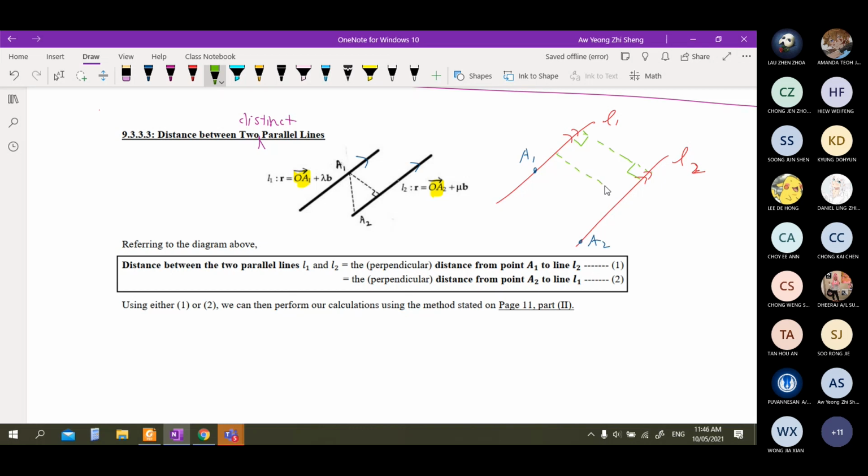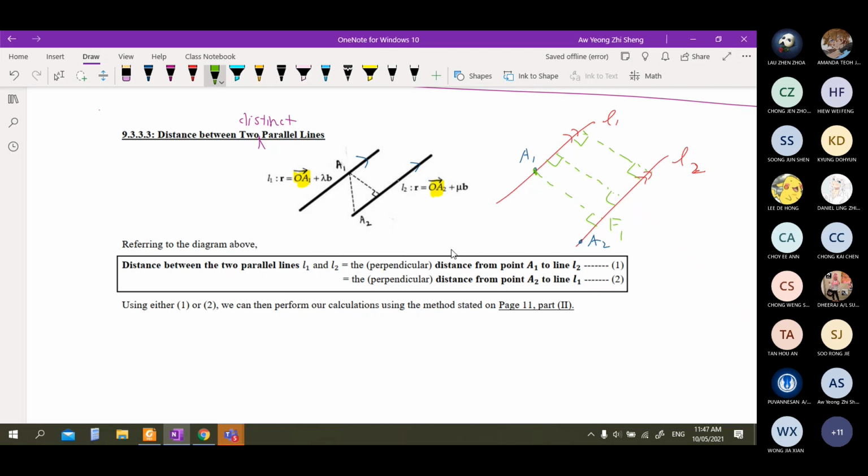And this distance is consistent, no matter which pair of points you choose along the two lines L1 and L2, as long as it forms 90 degrees with both of the lines. So if I take a point A1 on L1, and I get the foot of a perpendicular, let's call it F1 here, the distance from A1 to F1 will be the required distance.